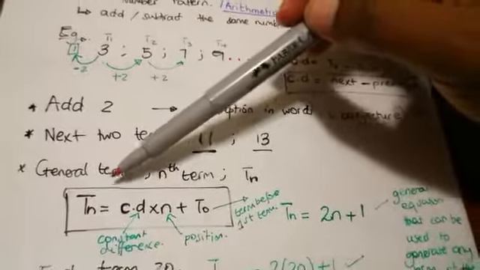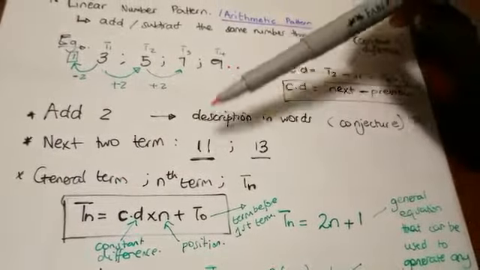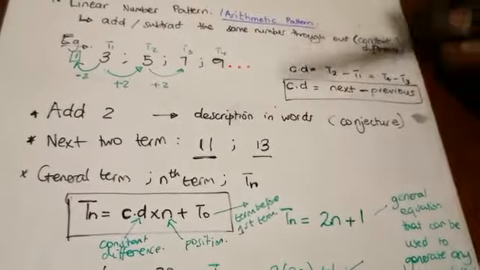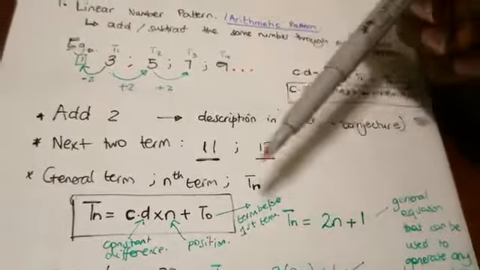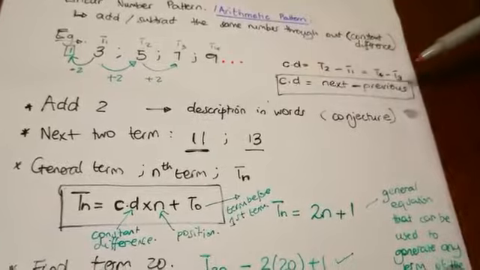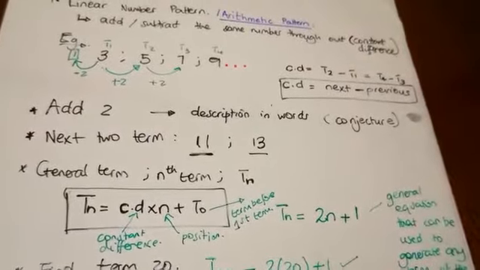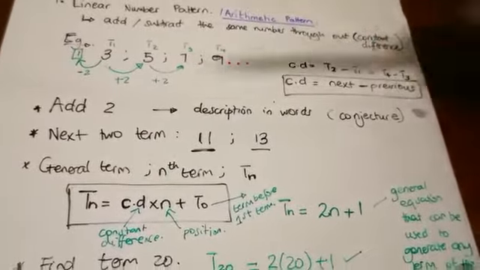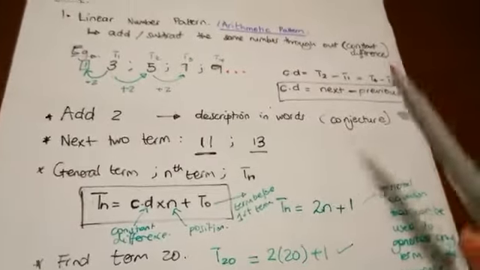With the general term, I can use it to find term number 25. That means I will not have to write 25 terms to get there, or for term number 50, keep on adding 50 times until I get to what I'm looking for.